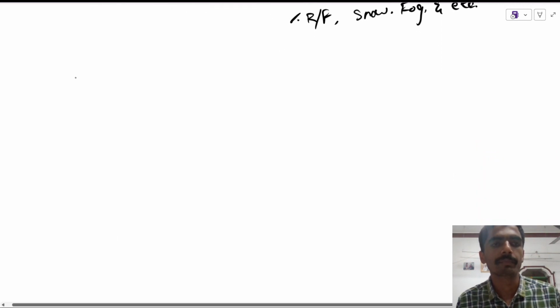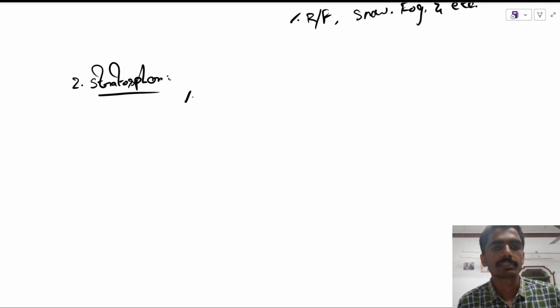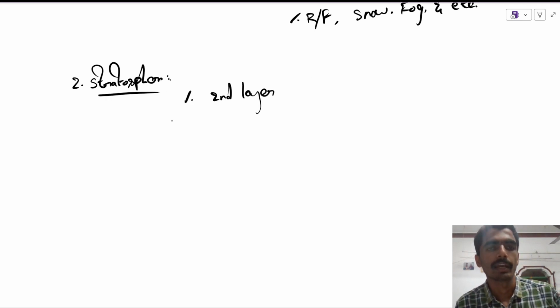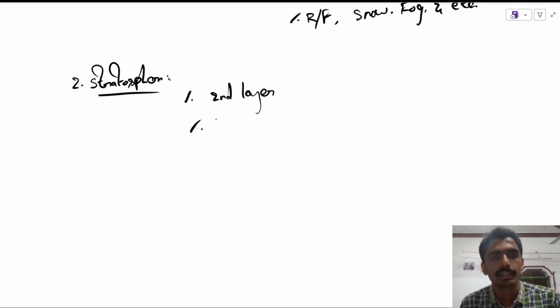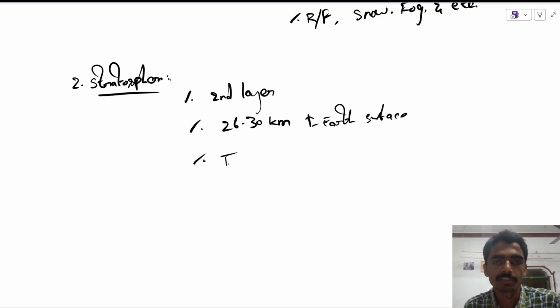Then coming to the stratosphere. This was the second layer and it covers approximately 26 to 30 kilometer altitude from the ground surface or earth surface. In this there is no weather phenomena.